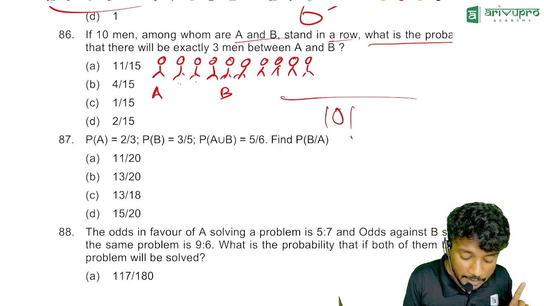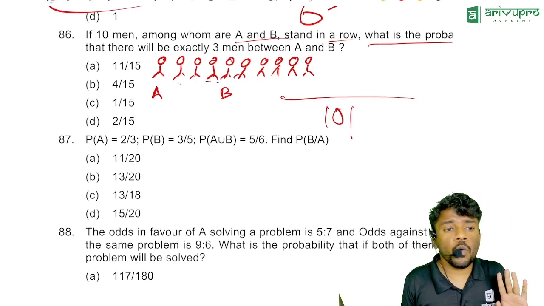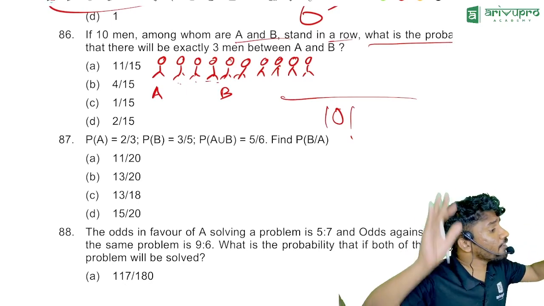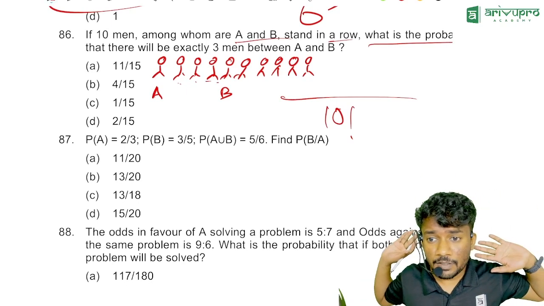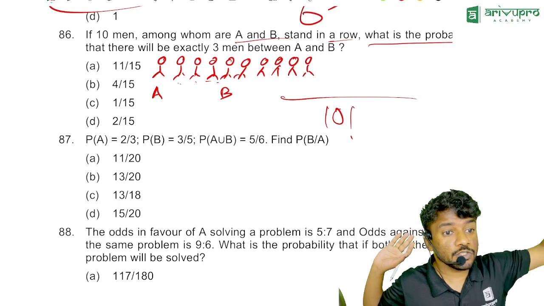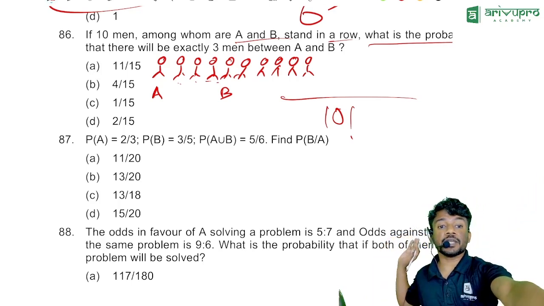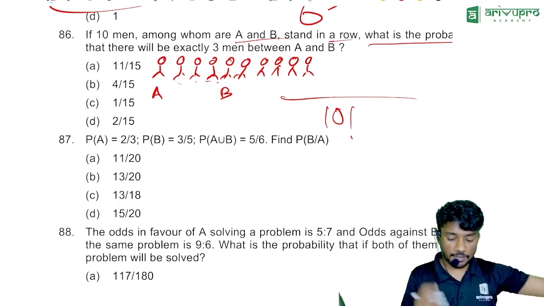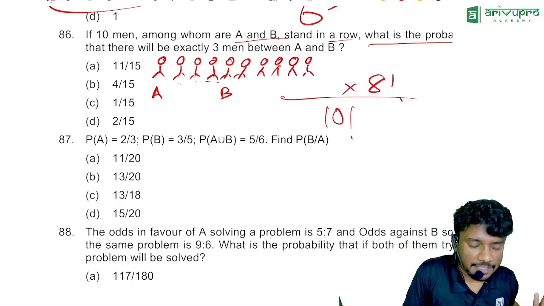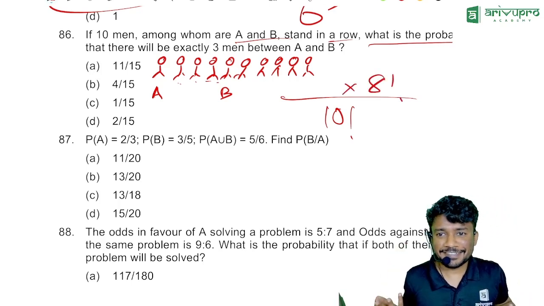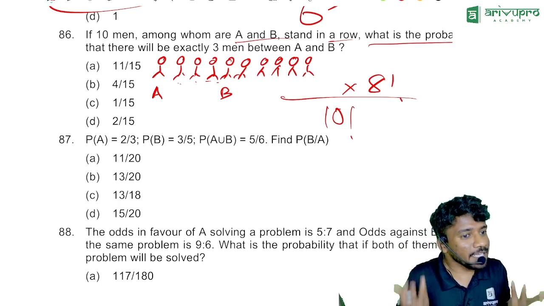So how many people are there in between them? 3. So A and B have fixed positions, correct? So we just need to arrange the rest of them. Rest of them can be arranged in how many ways? 8 factorial ways, right? 8 people can be arranged in 8 factorial ways.